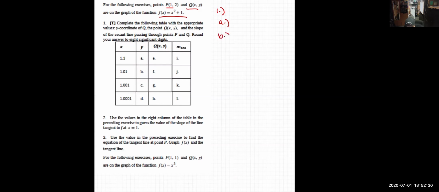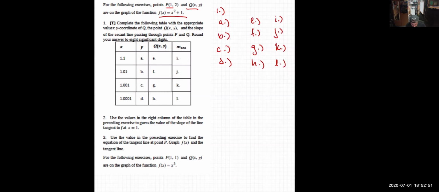I'll start writing out all these values here. So A, B, C, D, E, F, G, H, I, J, K, L.